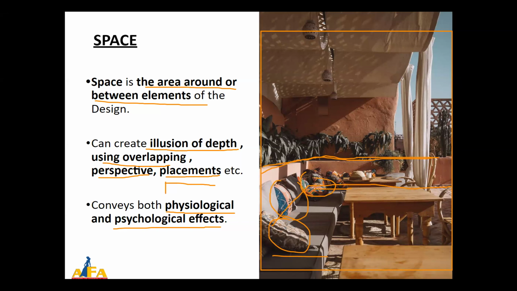Proportion is here, so a human can sit comfortably here. Can a human sit here and use this table comfortably? Is this human figure sitting here proportionate enough to use this table very comfortably? So the placement of all the objects in this space is well done here. This is a photograph.